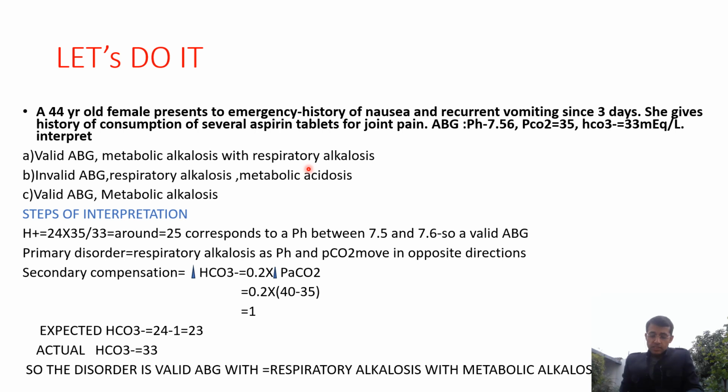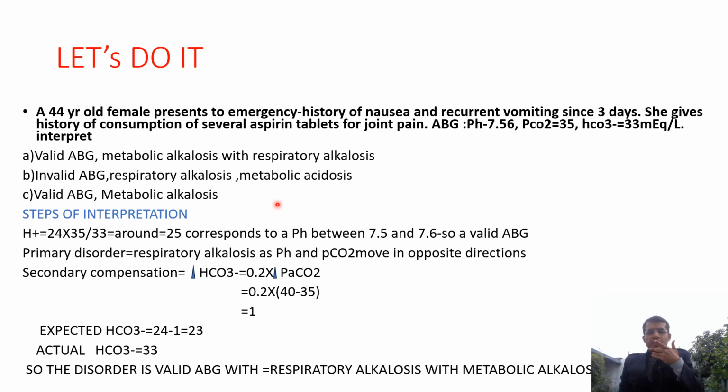Let us do the stepwise interpretation. First, see whether it is a valid ABG. H positive is equal to 24 into PCO2, which is 35, divided by bicarbonate 33. Around 25 it comes. 25 corresponds to a pH between 7.5 and 7.6.